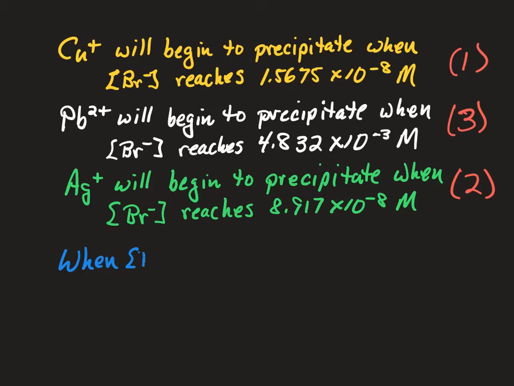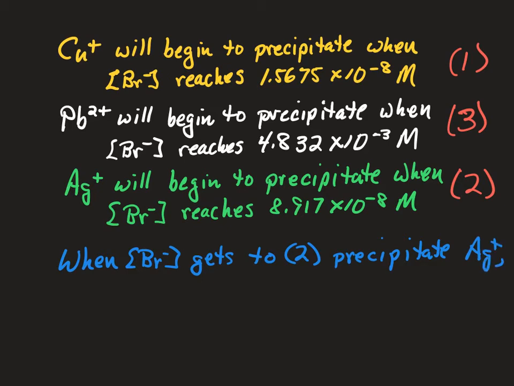When the concentration of bromide ion gets to number 2, that is, when silver ions begin to precipitate, how much copper ion will be left?